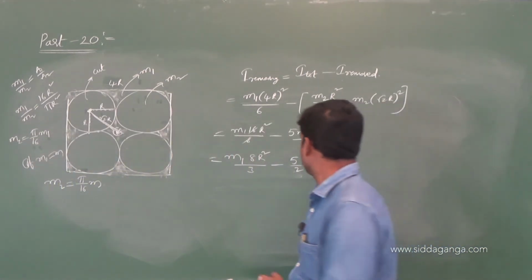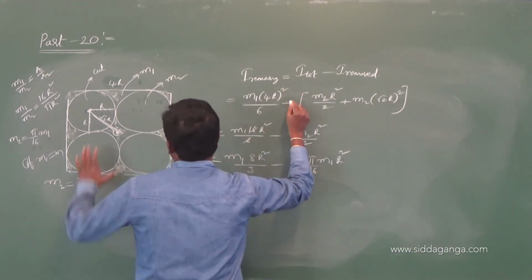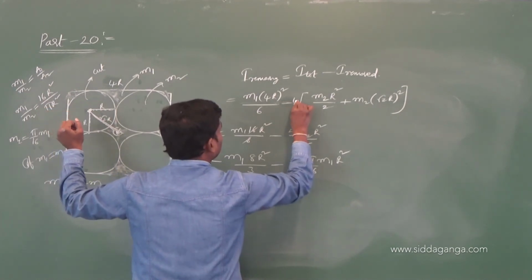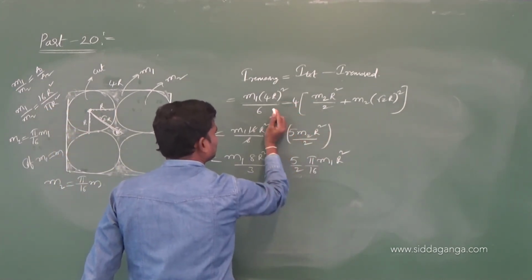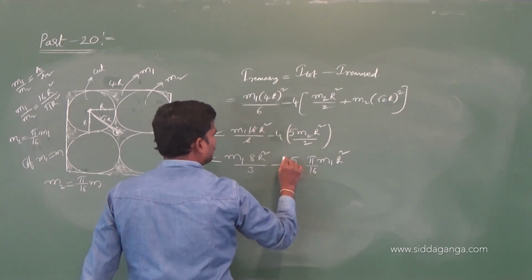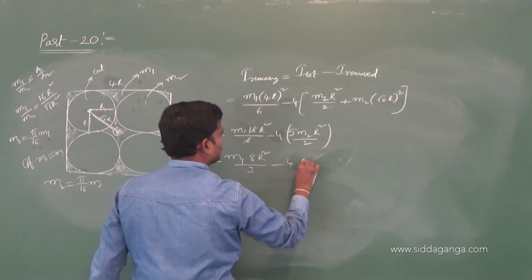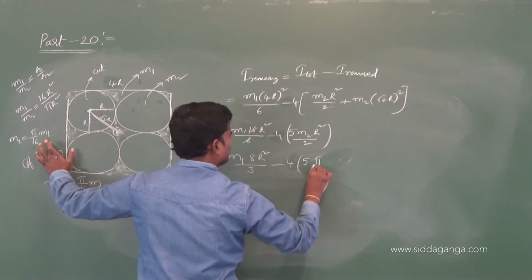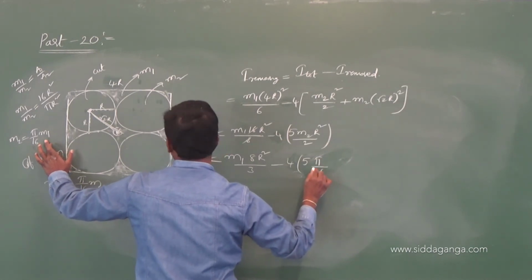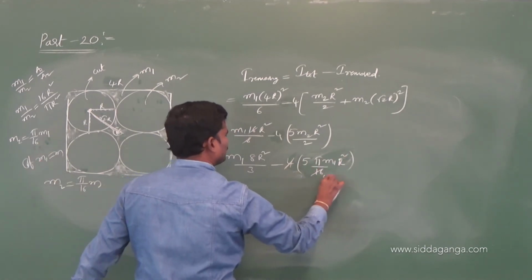Here I forgot one thing: how many holes are removed, how many holes they made, 4. I forgot to multiply by 4 here. So multiply by 4 and this will become 4 times 5, what is m2, 5 pi by 16 m1 r square, 4 times.